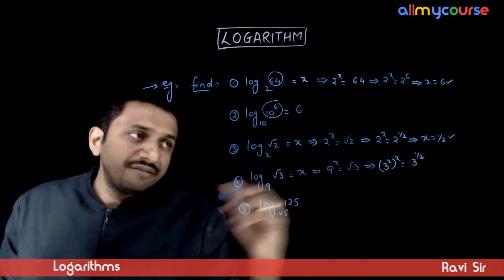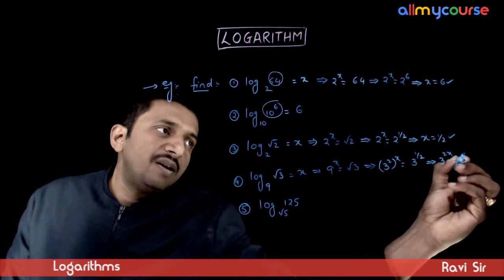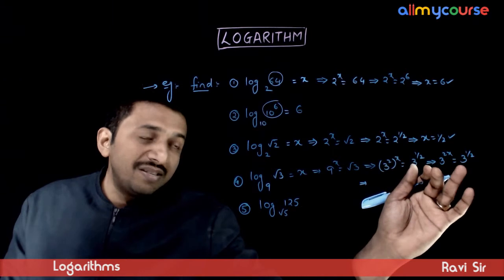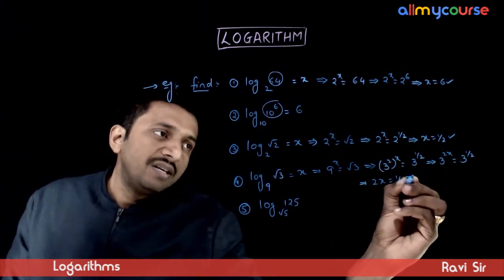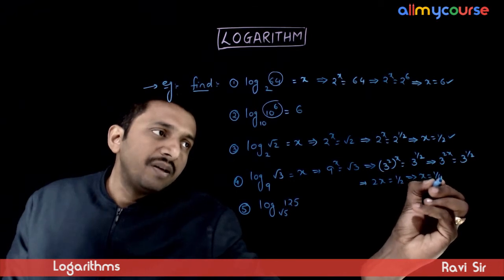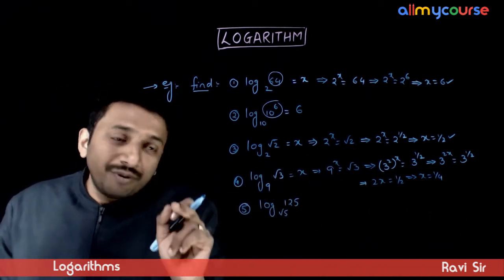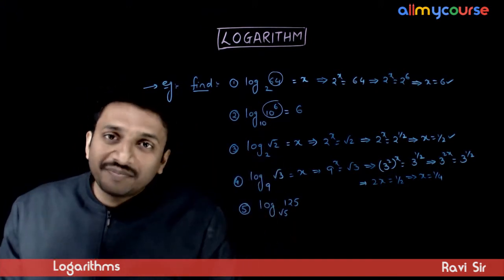This implies 3 power 2x has to be equal to 3 power half, and by equating the powers, because the base is same, the powers have to be same. 2x is equal to half. This implies x is equal to 1 by 4. So that means the value of this is equal to 1 by 4. 9 has to be raised to the power 1 by 4 to get root 3 as the answer.